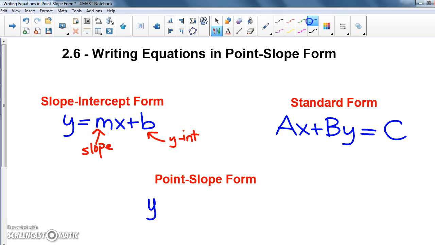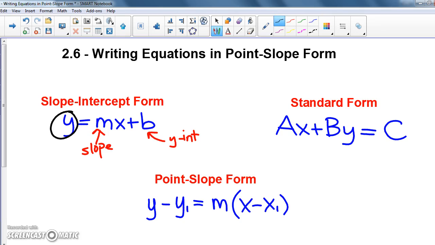It's y minus y1 equals m, parentheses, x minus x1. So let me tell you about the different parts here. x and y are just x and y, just like the x and y up here and the x and y over here.